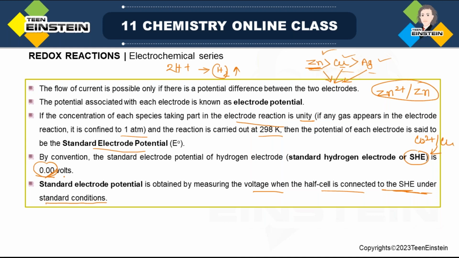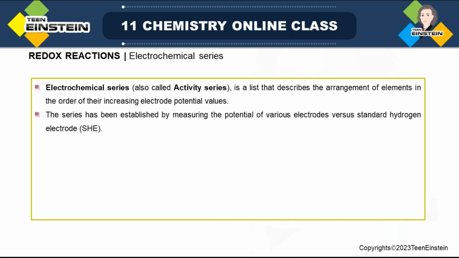Details, as I have said, will be discussed in electrochemistry, which is in class 12. The data you get is presented in the electrochemical series, also called the activity series. It is a list that describes the arrangement of different elements. Different elements means, for example, the Ag+/Ag system, then the Zn2+/Zn system.